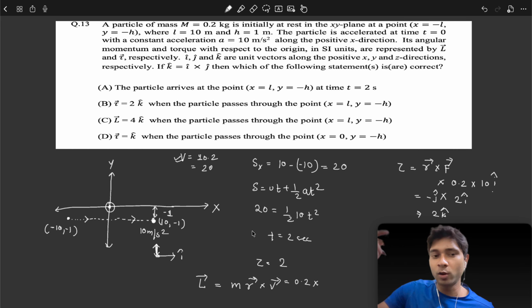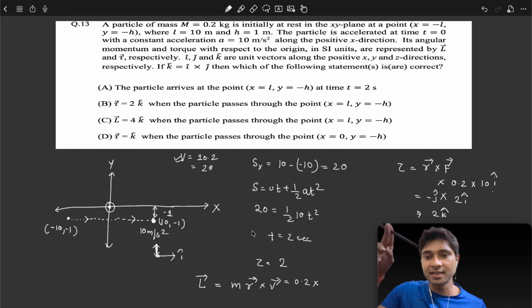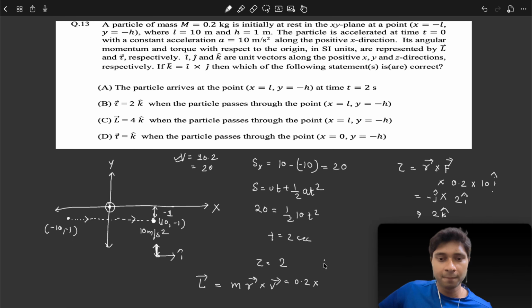While calculating angular momentum, I take the perpendicular distance to the velocity. Since the particle is moving along the x-axis, I calculate distance along the y-axis, which is 1, because the y coordinate is -1. Velocity was 20, so this turns out to be 4, right? So option C is also correct; option A was correct, option B was also correct.